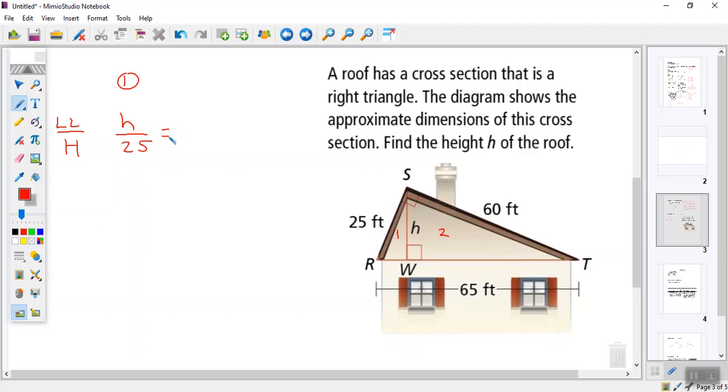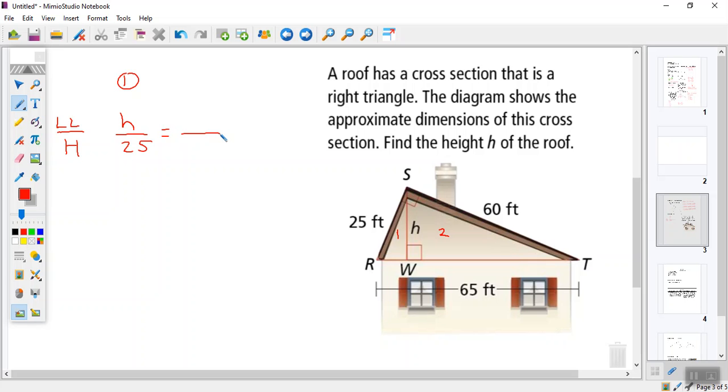If we're saying H is to 25 in triangle 1, we've got to set another ratio up where we know two values. I don't care if you use triangle 1, triangle 2, or the big triangle. You've got to know a long leg and a hypotenuse. Let's use the big triangle all the way out here.